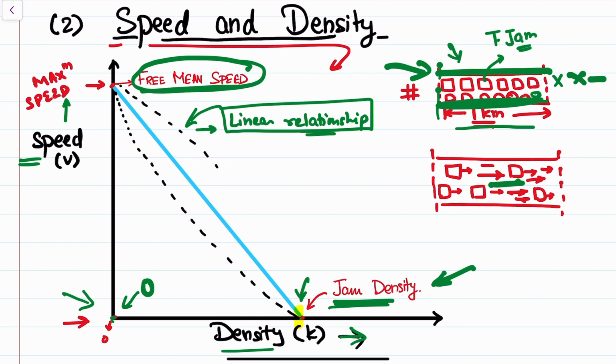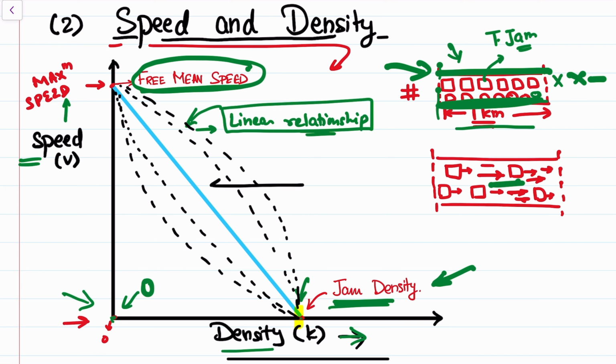This is another form in which the relationship between speed and density might be obtained. But the most general form is this one, the linear relationship. Alright, so this is the relationship between speed and density.